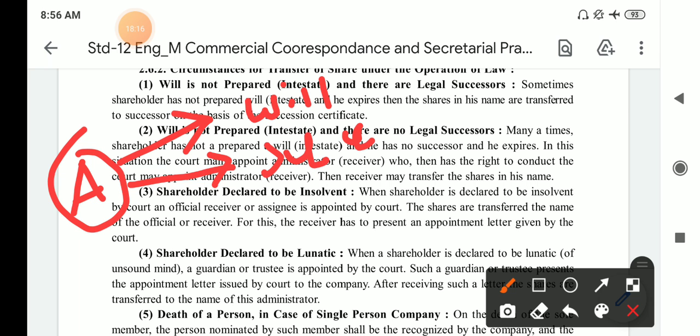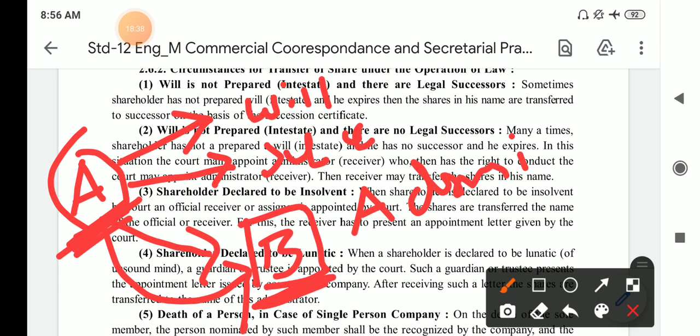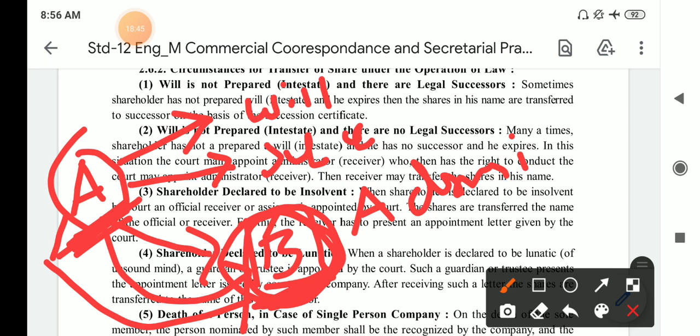Now what happened? The person namely B is a near relative of shareholder A. Now the court may appoint this person as administrator of the shares of A. Now it is the responsibility of person B to observe all the transactions regarding the shares of person A. Now person A has died.